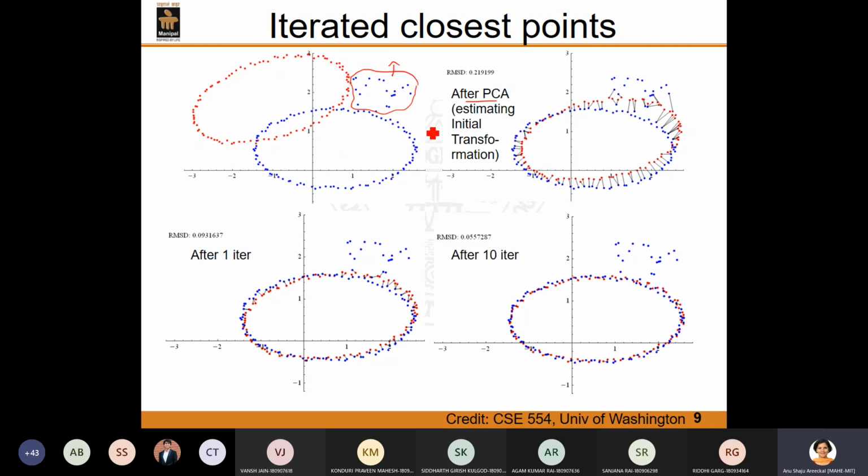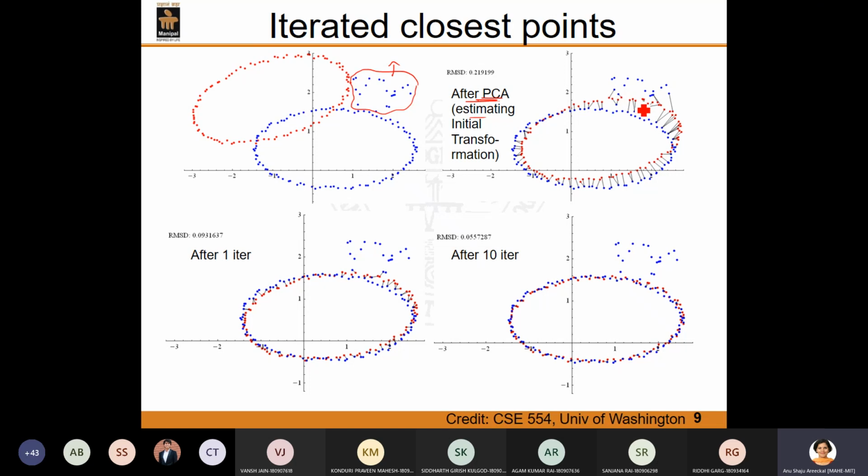Not going into the details of that, you can use any algorithm in place of PCA to find the initial estimate. Here the PCA transform has been used to estimate the initial transformation, and after applying that, the position of the red points that we see here is the initial estimate.